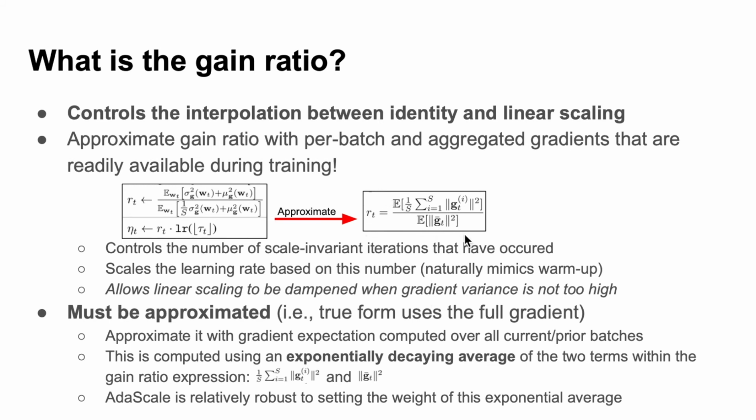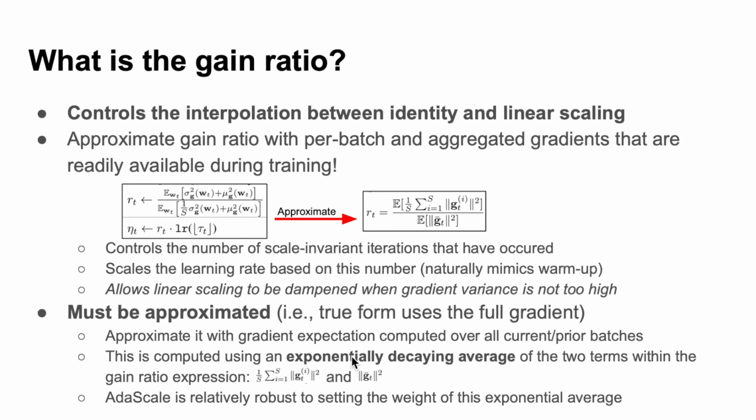So this expression is nice because it will allow us to actually compute the gain ratio in practice. The only issue is that we really only have access to these gradients for a single large mini batch. We're not tracking them going back in time, but we need to take an expectation over this value throughout training. So the way that the authors propose to do this is using an exponentially decaying average of these squared gradients through training.